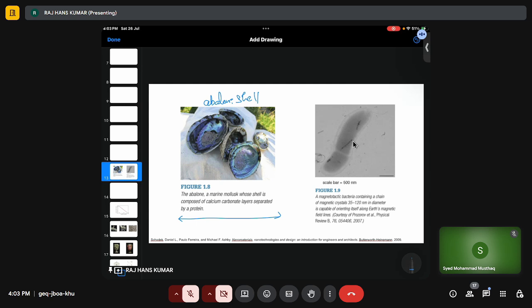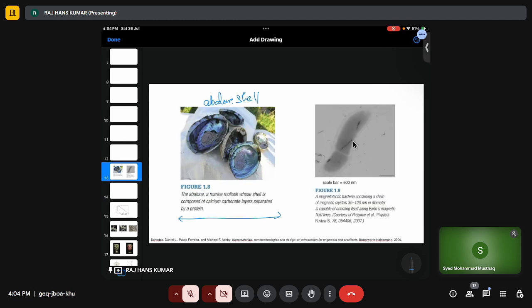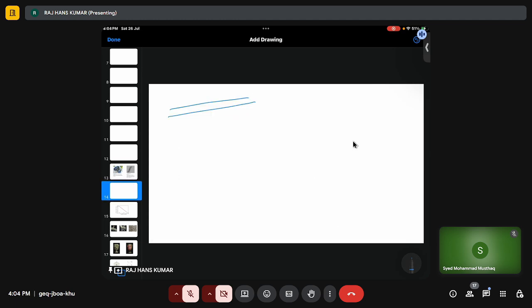Now why? It depends upon the layers. So for example, if I take a shell, right, top view, and if I try to cut it and see the cross section, you can see there are different layers.